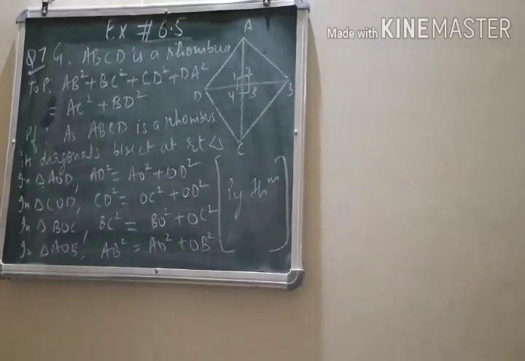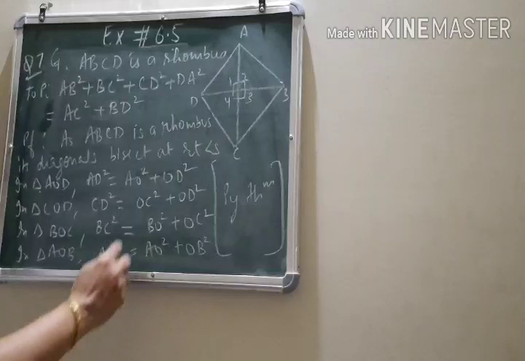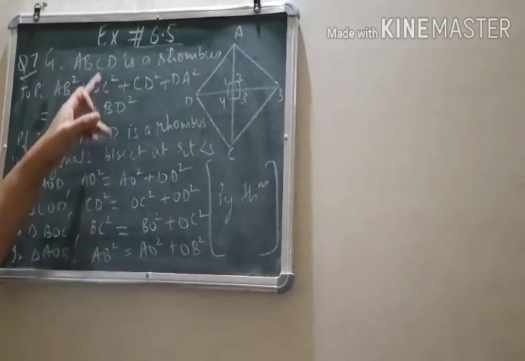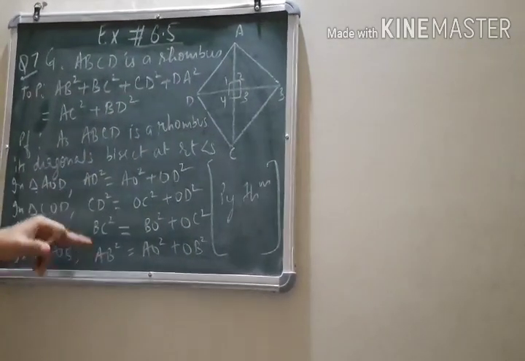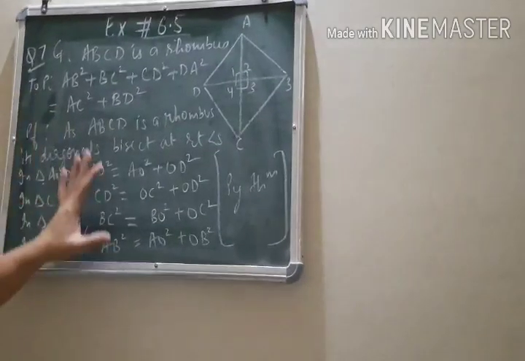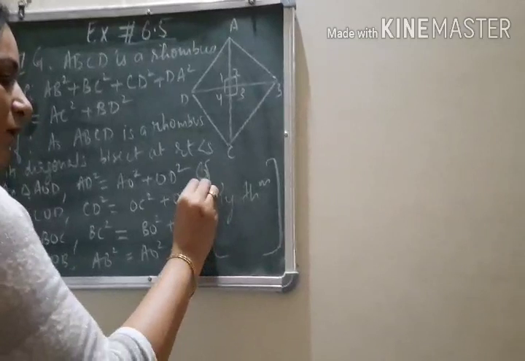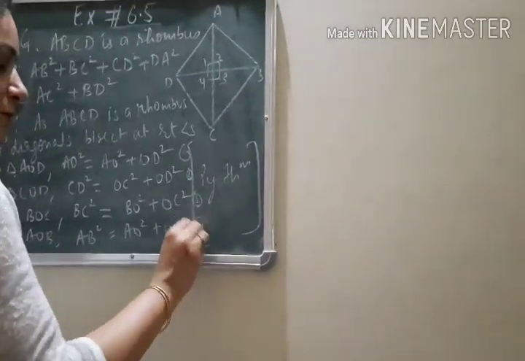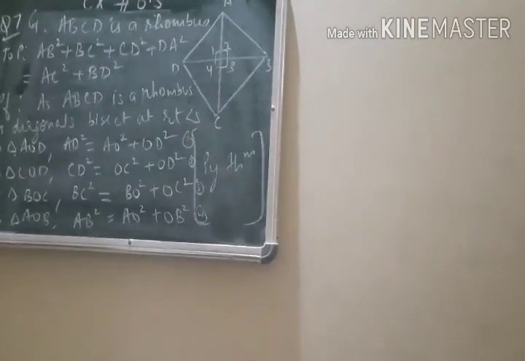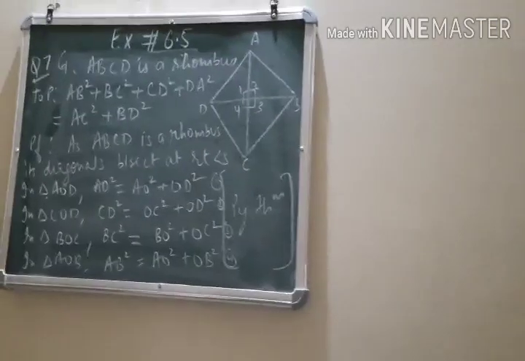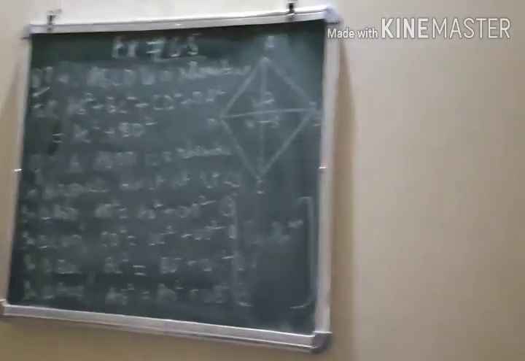Now you can see that if I take only the LHS, AB square, BC square, CD square, DA square, I am getting it if I add all the equations. So we add all the equations 1, 2, 3 and 4, and you will get the LHS. So let's add.